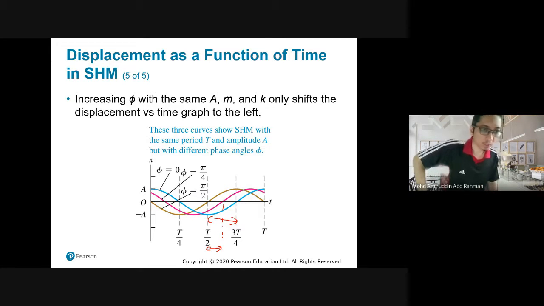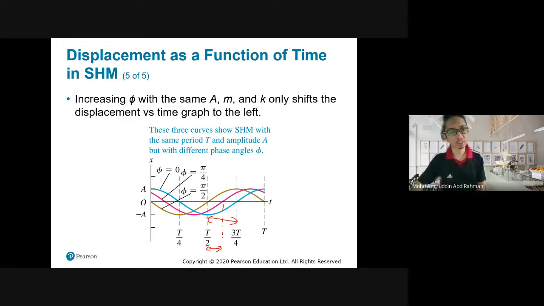So remember that one oscillation completes one period, so we have 2 pi from here to that.